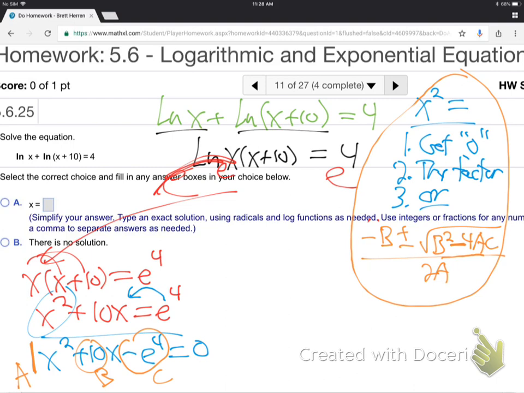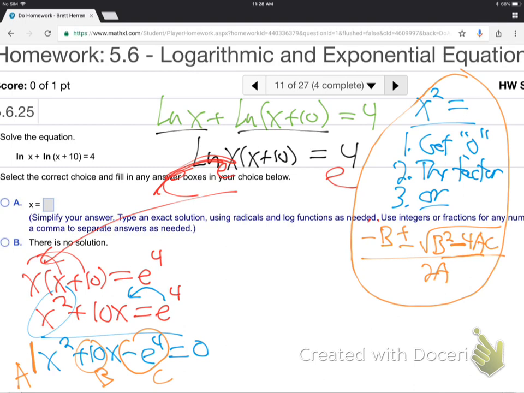Because we use everything but the x squared and the x. When you peel off A, B, and C, the only things you're leaving behind are x squared and x. That's what you always do. So that whole minus e to the fourth is C.